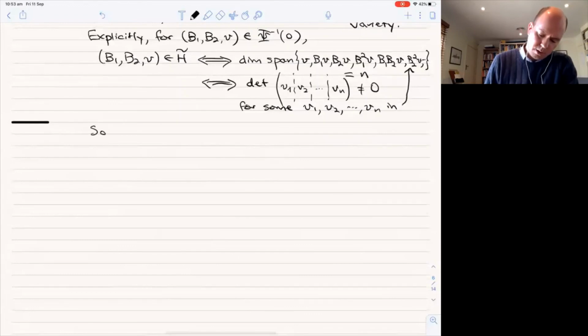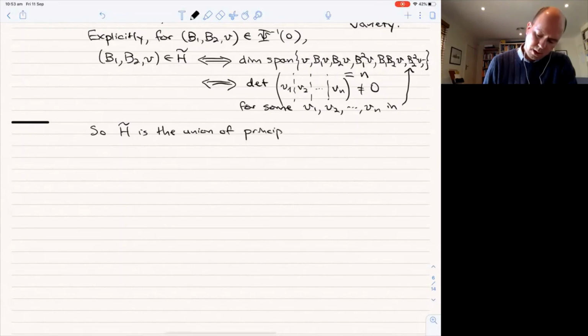So H tilde is the union of some principal open affine subsets of this affine variety.